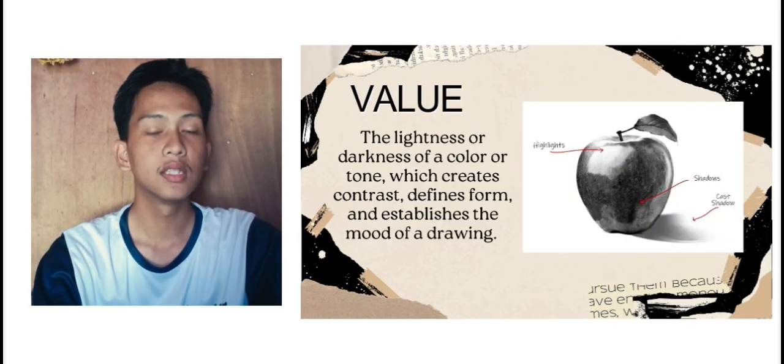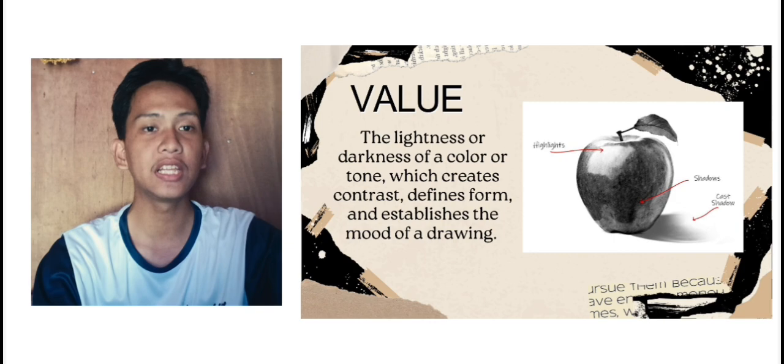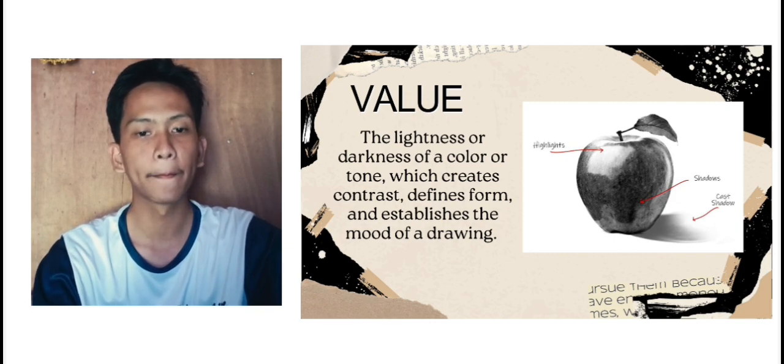Next is value. The value is the lightness or darkness of a color or tone, which creates contrast, defines form, and establishes the mood of a drawing. So the value is like the shading on our drawing.